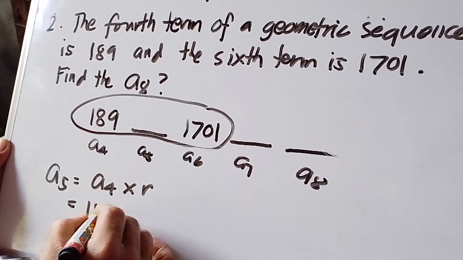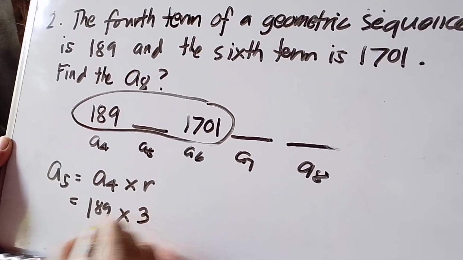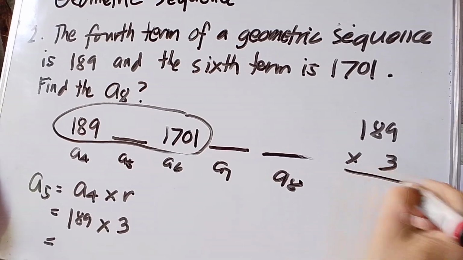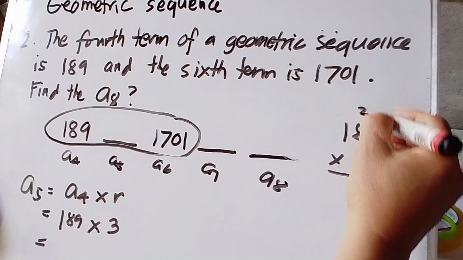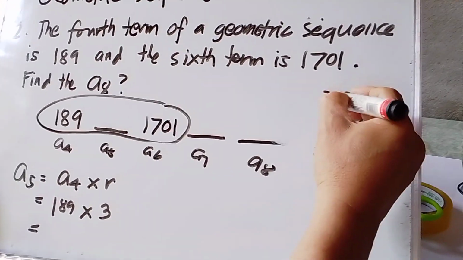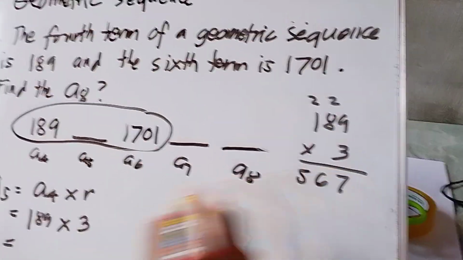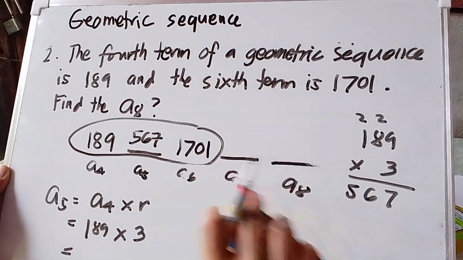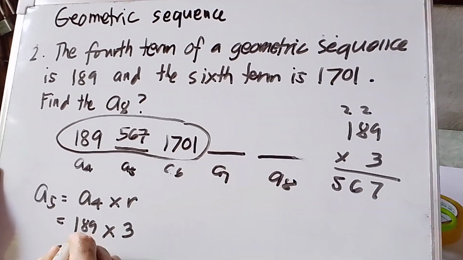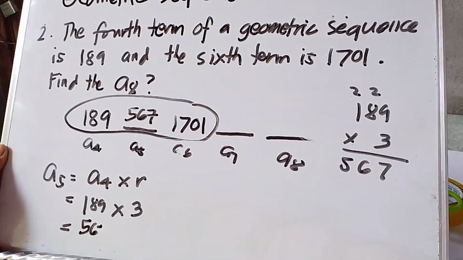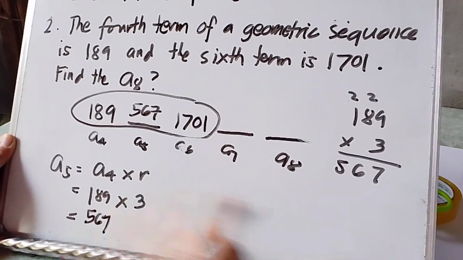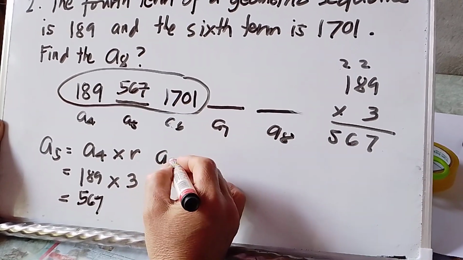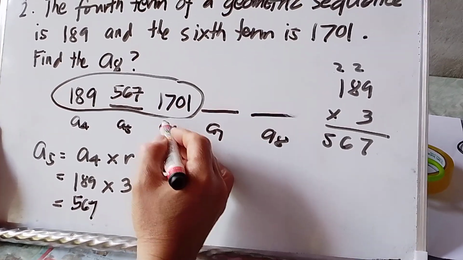That is 189 times 3. What is 189 times 3? 9 times 3 is 27, carry 2. 24, 26, carry 2. 3, 567. Sorry, 567. Now, next is A6. Let us check if this is correct.